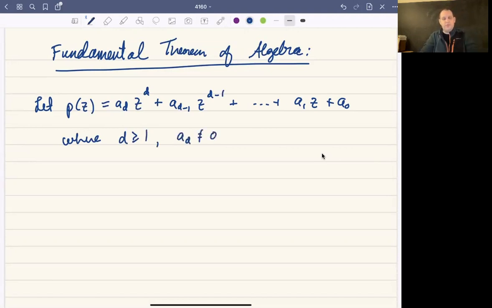Otherwise, it's not a polynomial of degree d. It's a polynomial of a smaller degree. And where these values a sub i, these are complex numbers. So each a sub i is going to be in the complex plane for values from 0 to d. Okay, so P of z is a polynomial of degree d with complex coefficients.